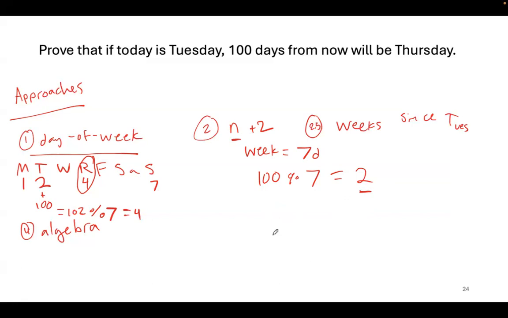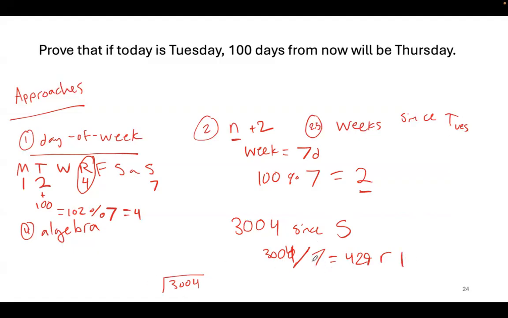And we can do that for like 3,004 days since Sunday. So someone pull out a calculator. 3,004 divided by 7 is 429, remainder 1.